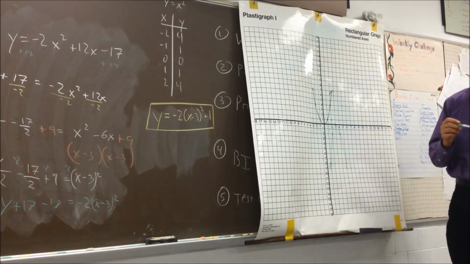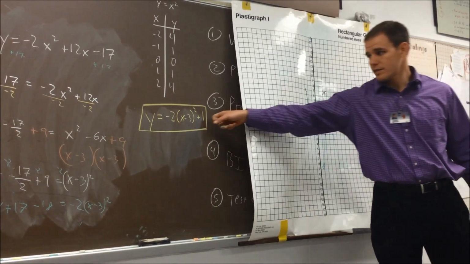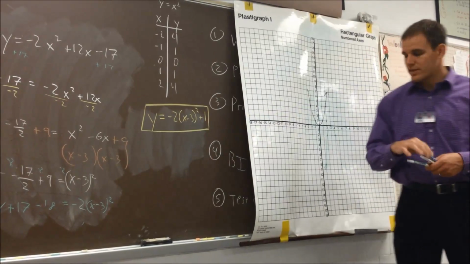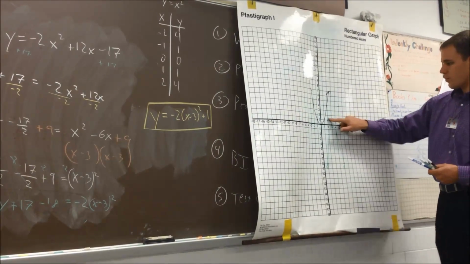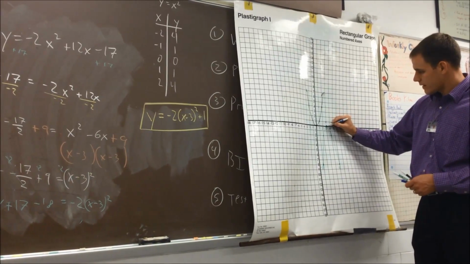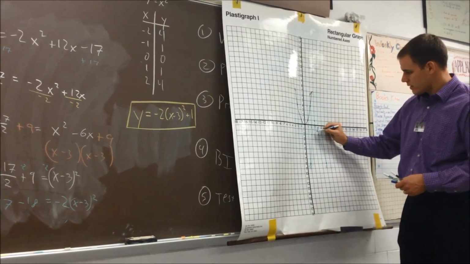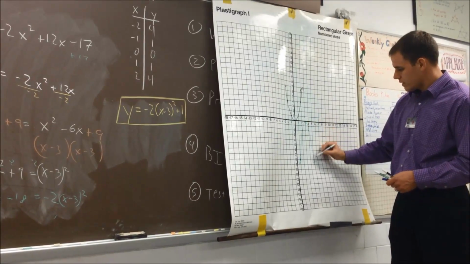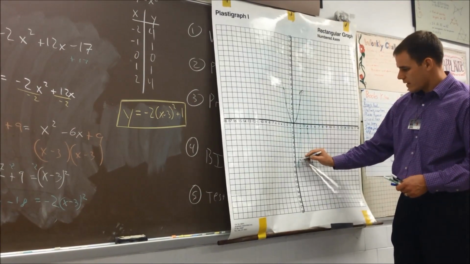But I'm not done yet because we still have to do the +1. So we're going to shift the whole graph up 1. So there, that went up 1. This goes up 1. This goes up 1. This goes up 1. And this goes up 1.